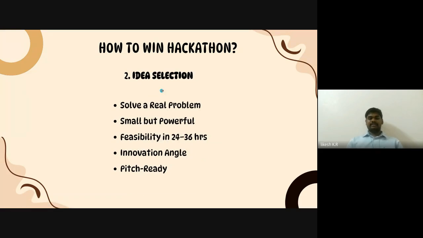Next is idea selection. As I said, in some hackathons they will give themes, and in some hackathons they will explicitly give out the problem statement. If you are given a theme, make sure you choose a proper problem statement.